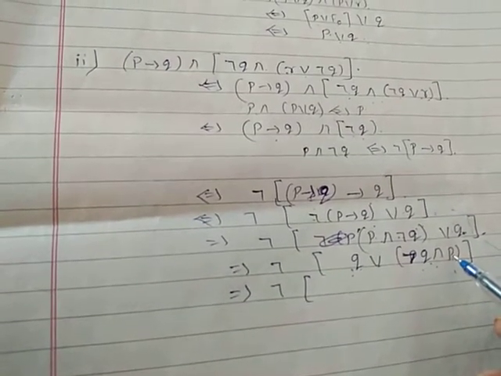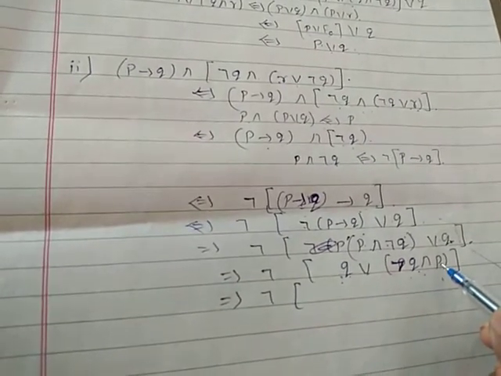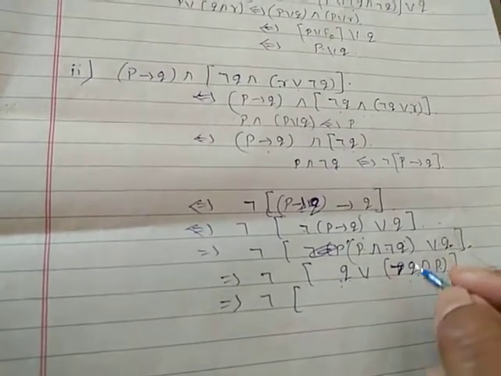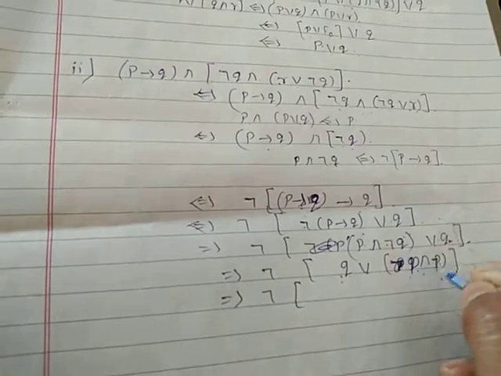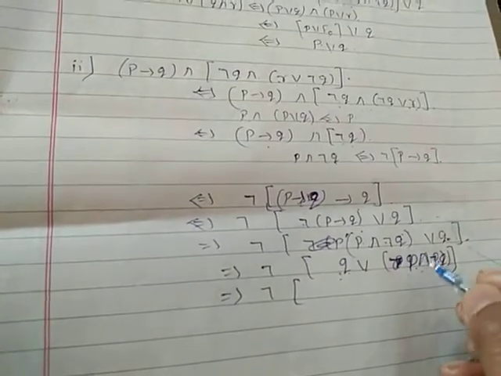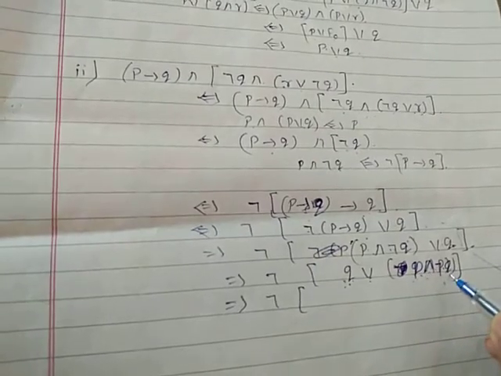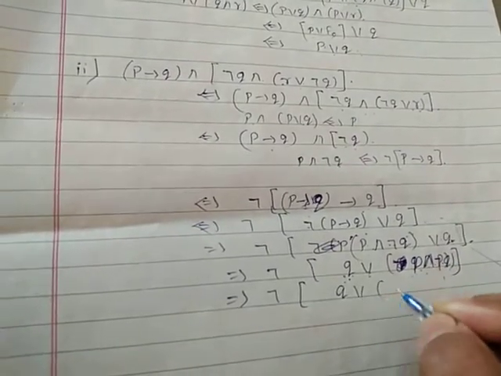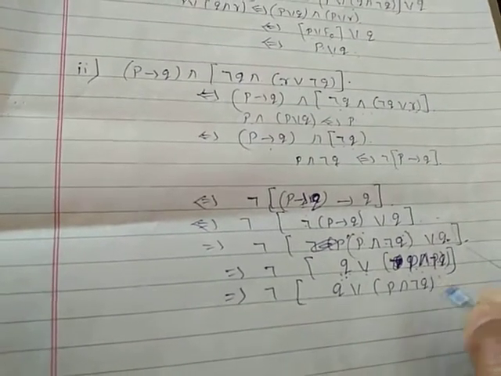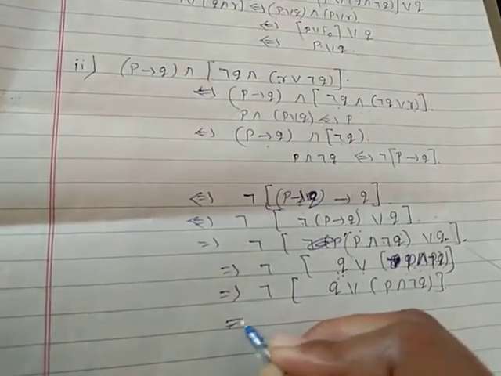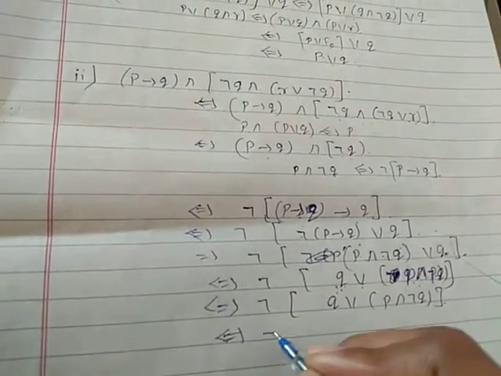Q or (P and negation of Q). I am just rewriting it as only P and negation of Q. Keep it as it is, don't change here. Q or (P and negation of Q). Use the distributive law here.